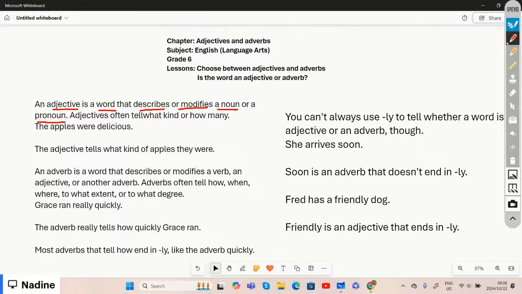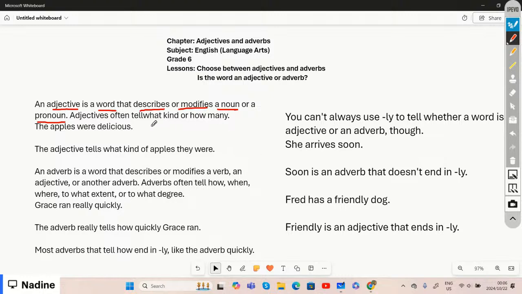Because remember, a pronoun takes the place of a noun. And also when it comes to adjectives, adjectives often tell us what kind, or adjectives tell us how many.